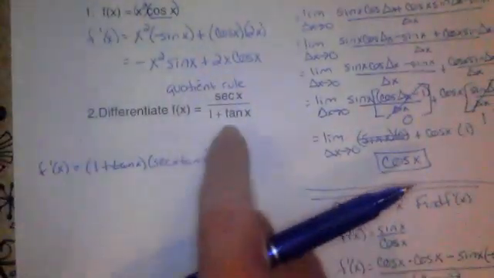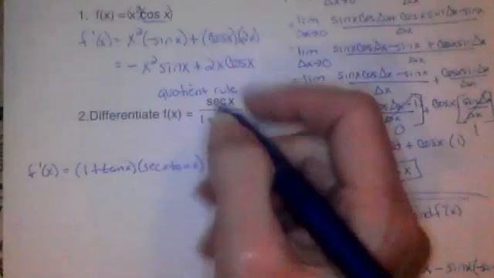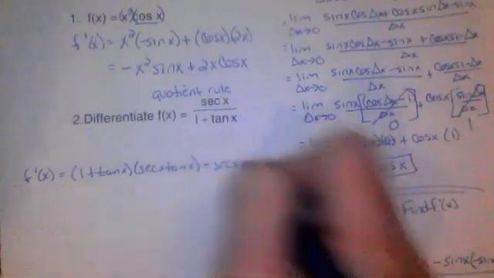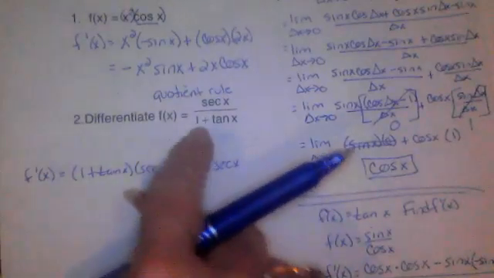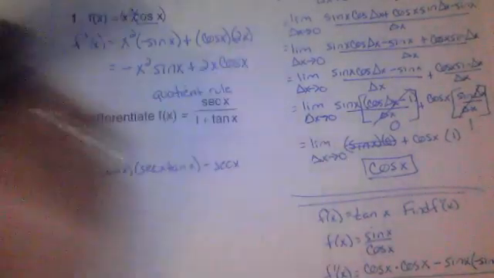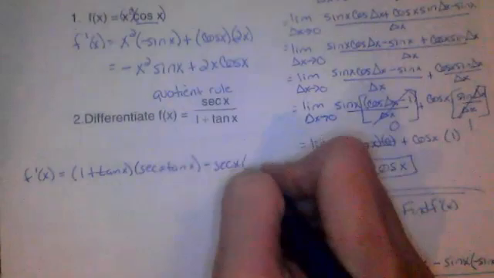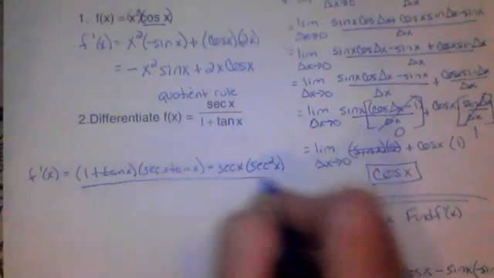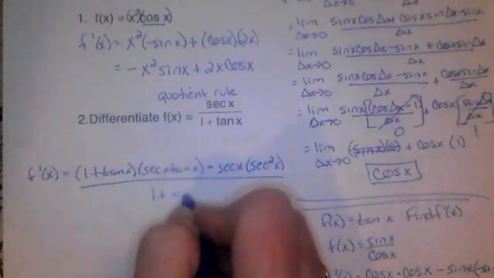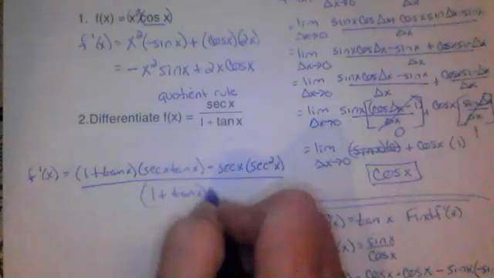All right. So we have the low times the derivative of the high minus the high times the derivative of the bottom, the low. And so the 1 is just going to be 0, and the derivative of tangent is secant squared. All over the bottom squared.